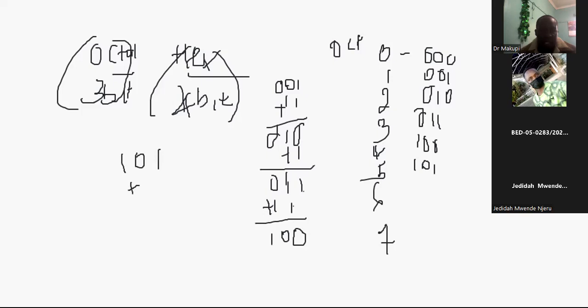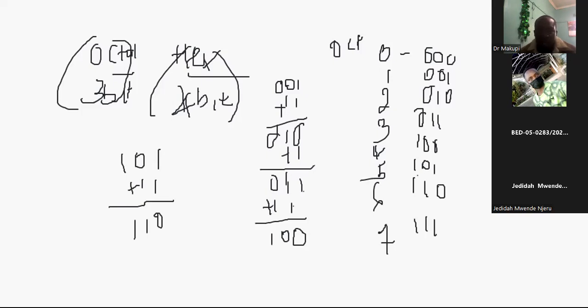That's what you only need to understand to be able to generate these tables. 1 plus 1 is 0 carry 1, like that. So it becomes 1, 0, 1. Sorry, should be this, 1, 1, 0. Again, add 1, it should be now 1, 1, 1.